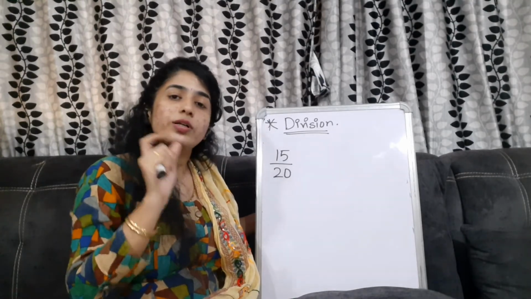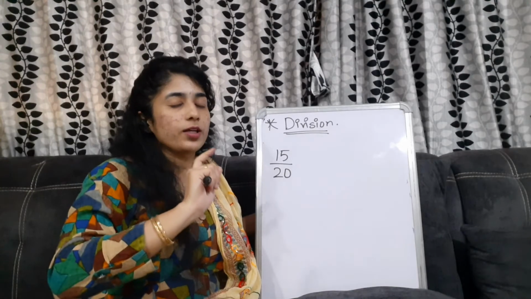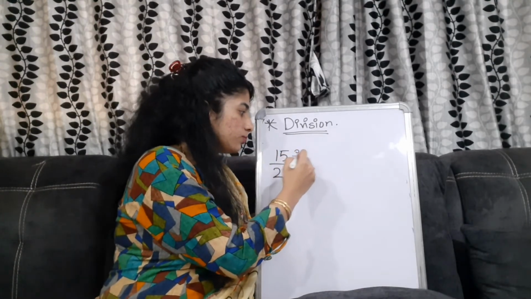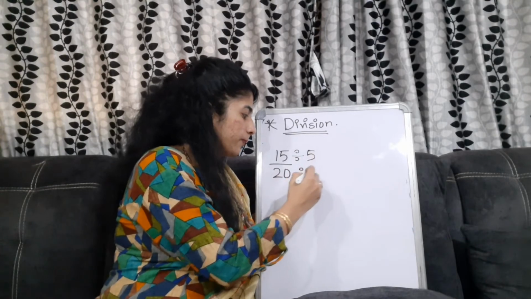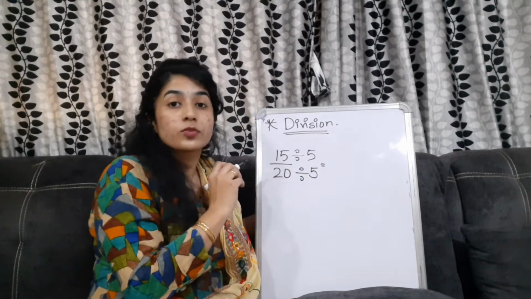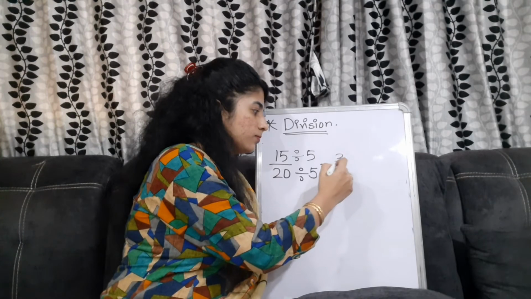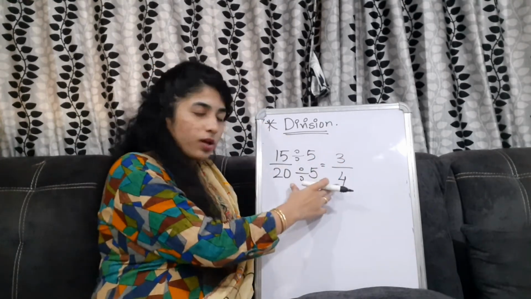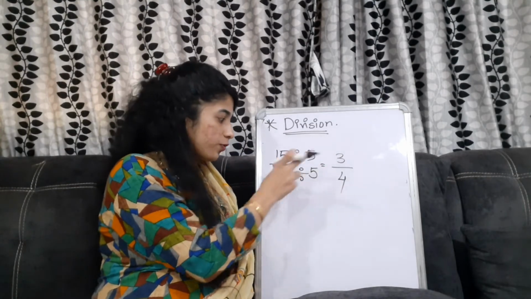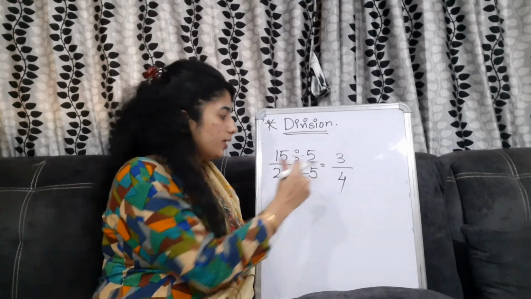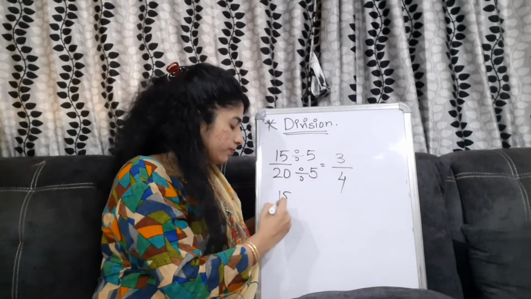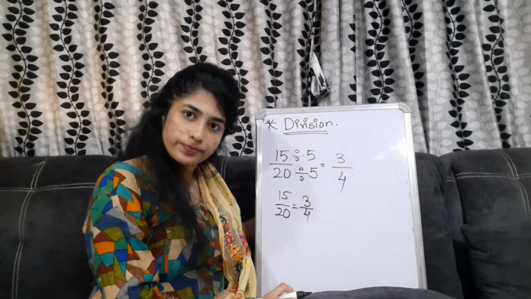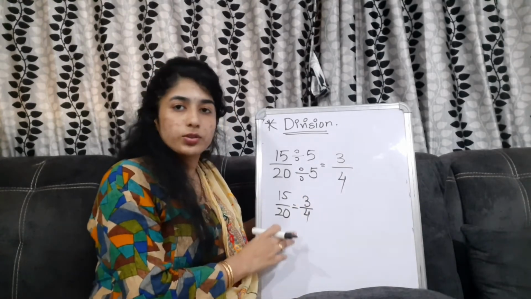So what you will do, you will divide both numerator and denominator by 5. What is 15 divided by 5? 3, and here it is 4. So the equivalent fraction or the lowest form of 15 upon 20 is 3 upon 4. Understood? Fine. This is how you are supposed to do.